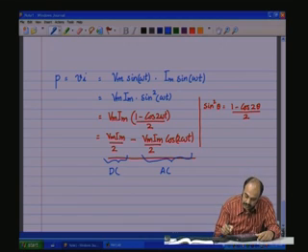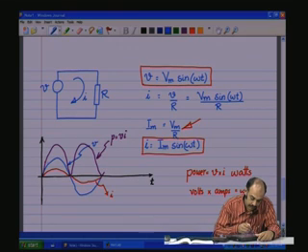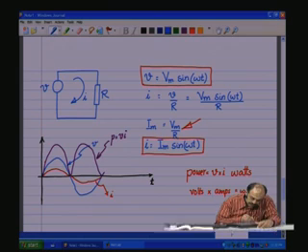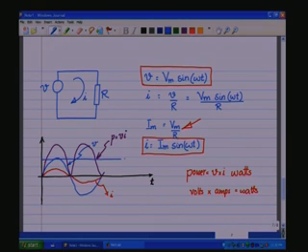So, if you go back and look at the power curve, you see that there is an average quantity, this is the DC term, and then there is a varying AC term, which has twice the frequency of the fundamental.